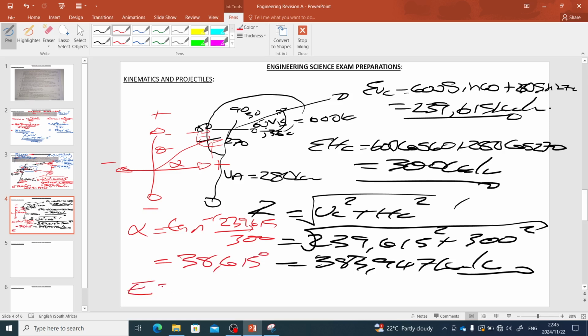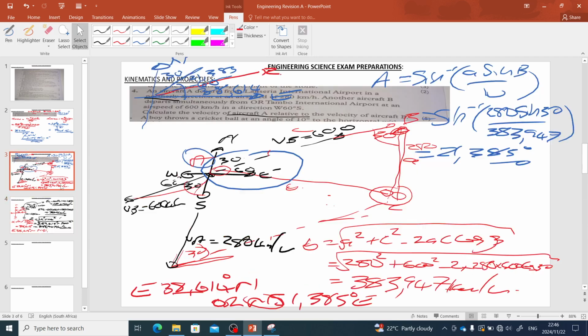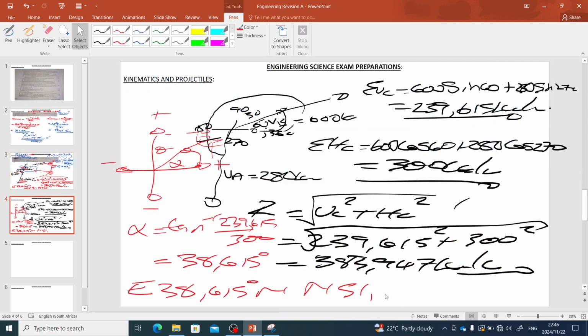Then it will be east 38,615 degrees north, because it is from east to where the resultant is. Then north would be minus this from 90, then it will be north 51, like we got this side, 51,385 degrees east. This is how you tackle those two questions, the projectile and this relative motion, good people.